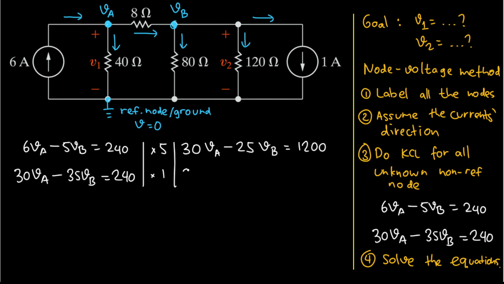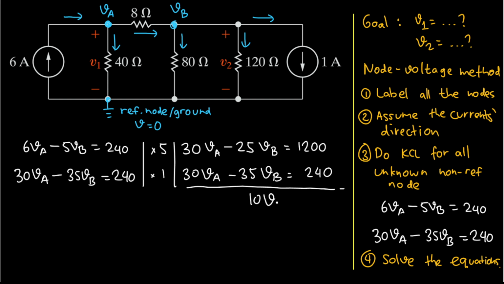And then we will have 30 VA, and then minus 35 VB, and that will be 240. Good. Now let's subtract that, so that we cancel the VA term here, but then we are left with 10 VB, and that will equal, I think, 960.